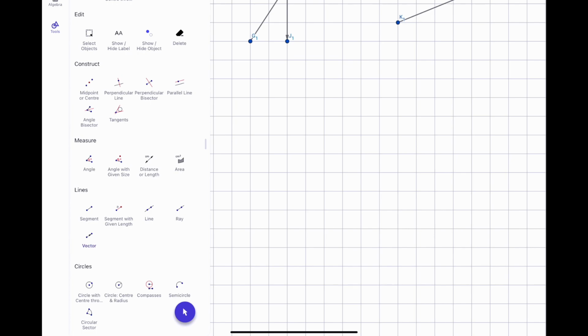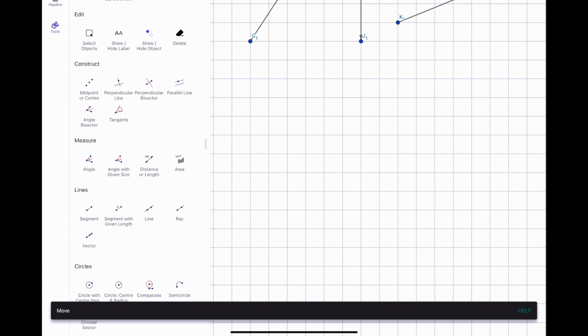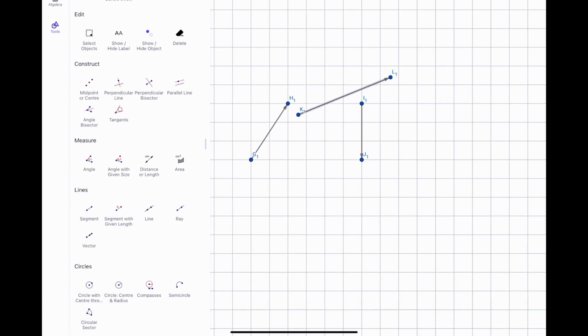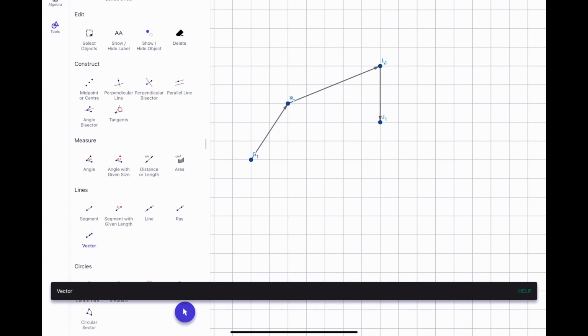So let me go back. Okay, so now let me take this one first and parallel transport it here, and then take this one here. And then what I want to do again, I want to connect this one to that one.